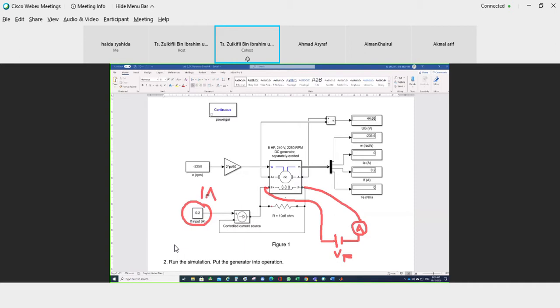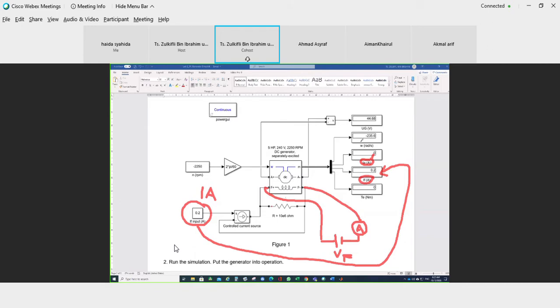So bila awak run the simulation, then it will read here. This is the IF, 0.2 ampere. Okay, since it's no load, your IA will be 0. Kalau awak find this IA ada some values, then your model definitely wrong.